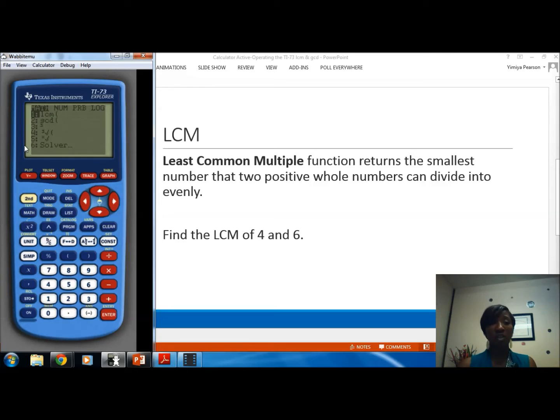And here, directly under the words math, I see a few functions. I see LCM, which stands for least common multiple. The least common multiple function is going to return the smallest number that two positive whole numbers can divide into evenly. And then the next function we're going to look at is the GCD.